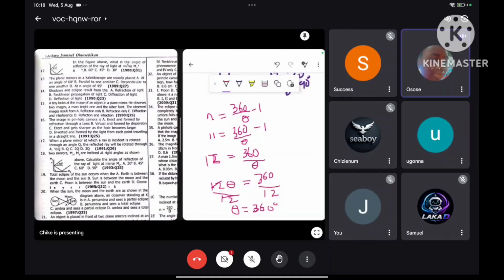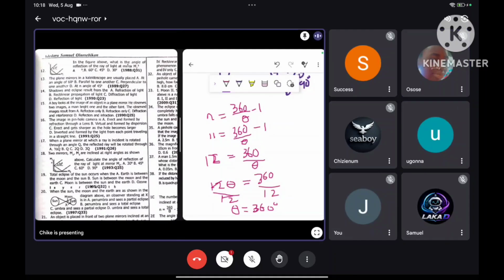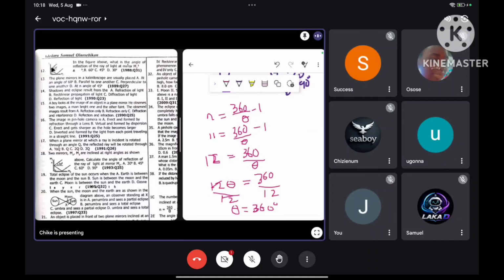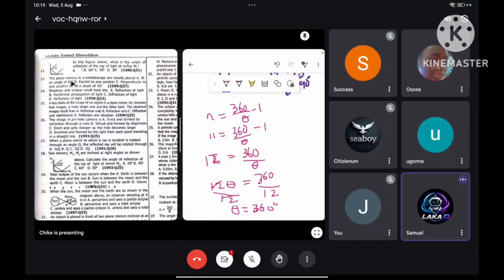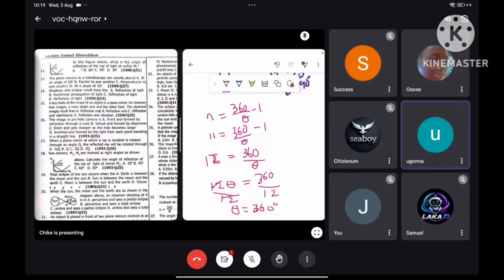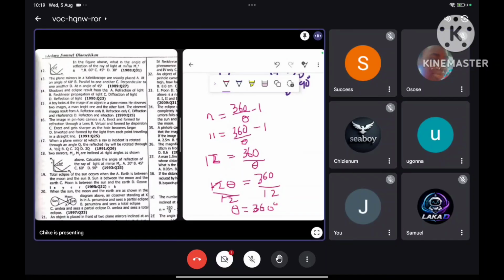So which number is it? Number 13. So number 13, C. What angle? For a kaleidoscope, no.